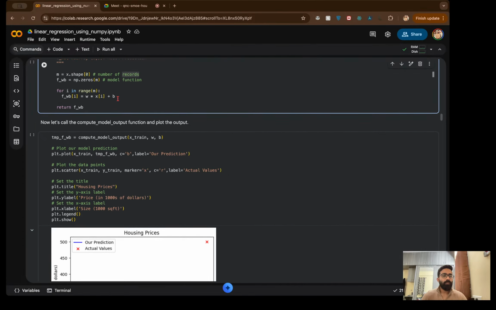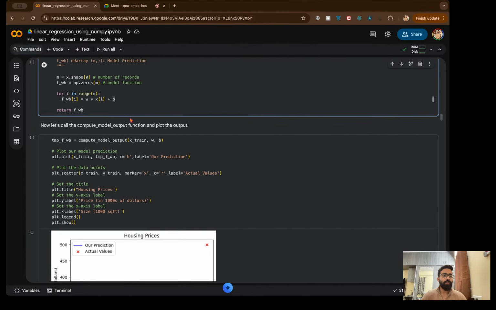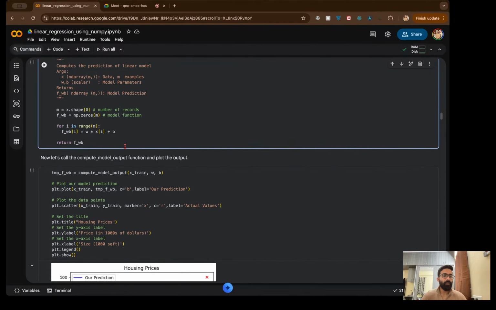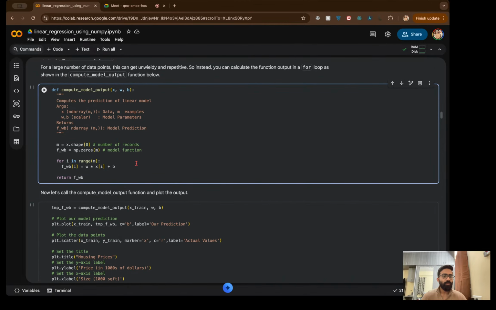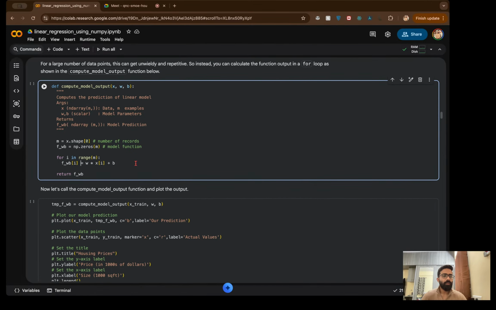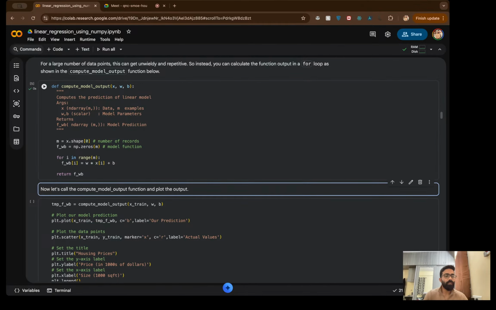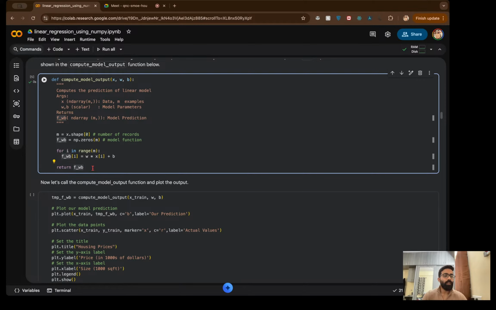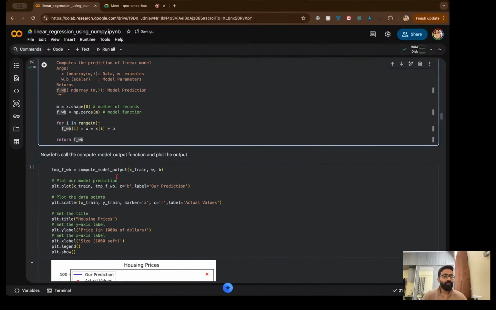Now you can see we are simply going through the loop. I think this should be the plus if I am not wrong. Okay, let's run this, then we'll check. We have defined this function and it will return the function f_wb.